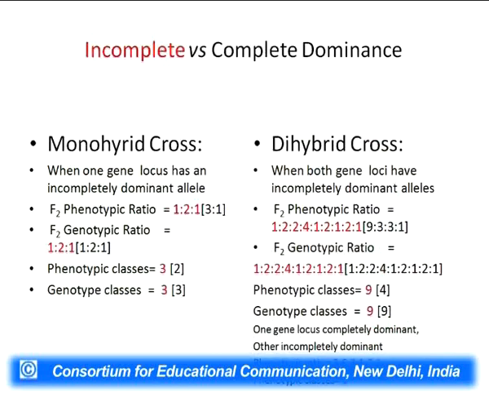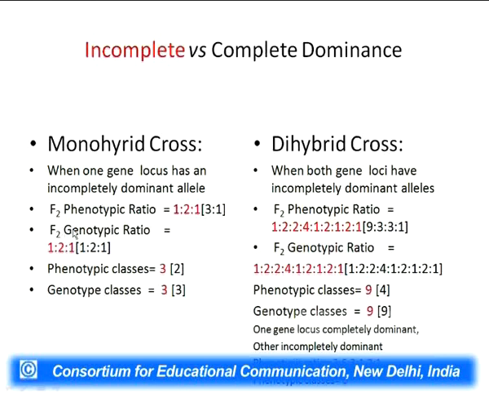So, if we were to just compare the incomplete and the complete dominance statistics, we would find that the ratios are different. The F2 phenotypic ratio is 1:2:1. In normal Mendelian ratio, it is 3:1.